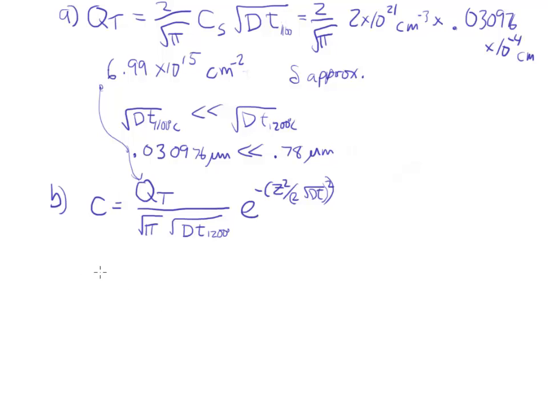Okay, so let's plug in our numbers. I think I'm going to rearrange this a little bit. This part is going to be e to the, if you remember, z over 2 square root of Dt, a quantity squared.